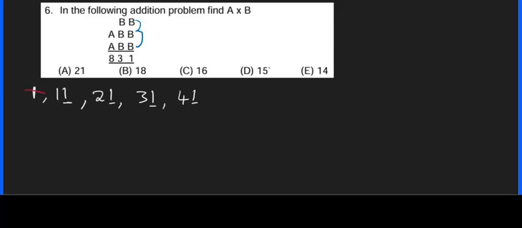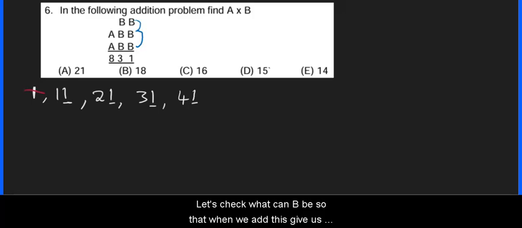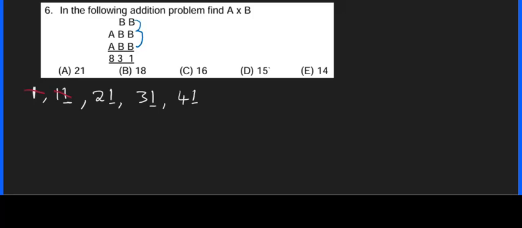What about 11? Let's check. What can B be so that when we add this, it gives us 11? Impossible to have that for the same value of B, so it's also out. Let us check 21.